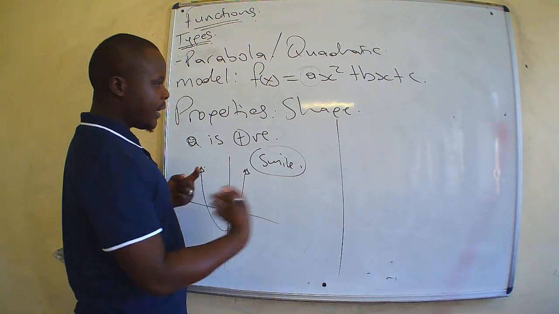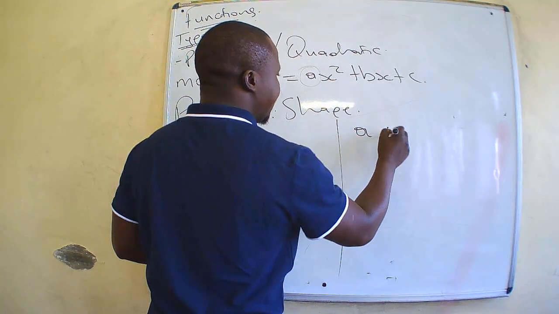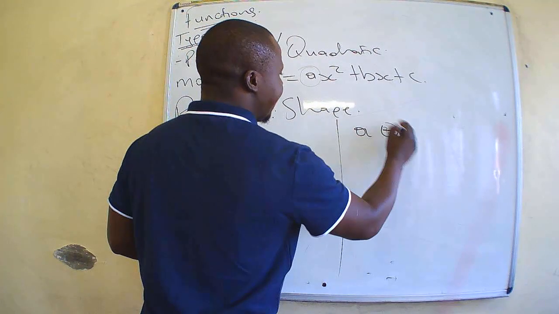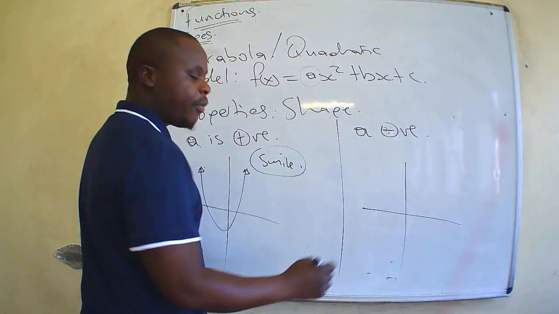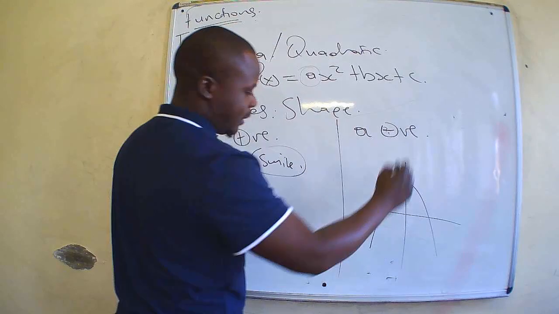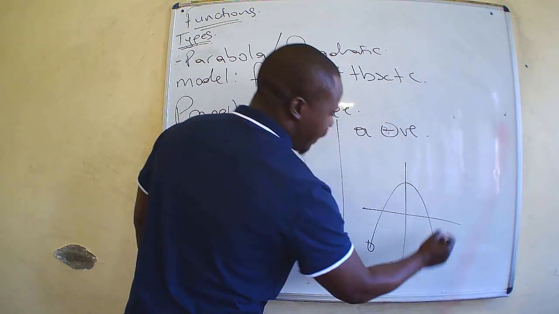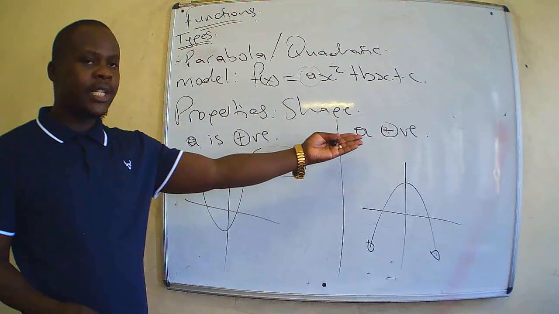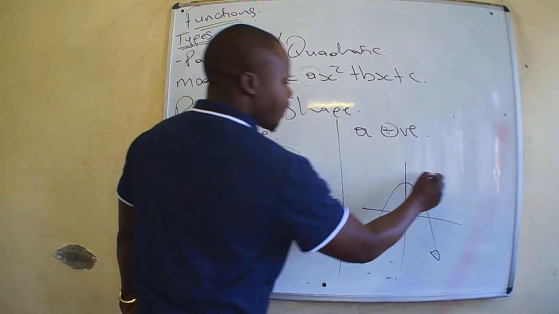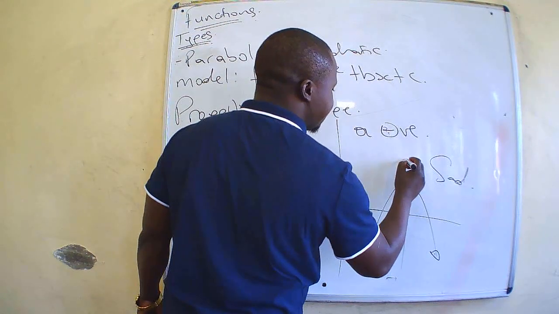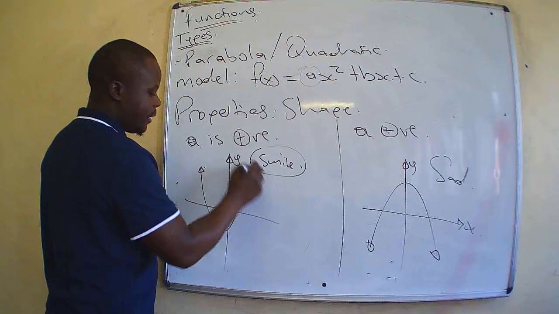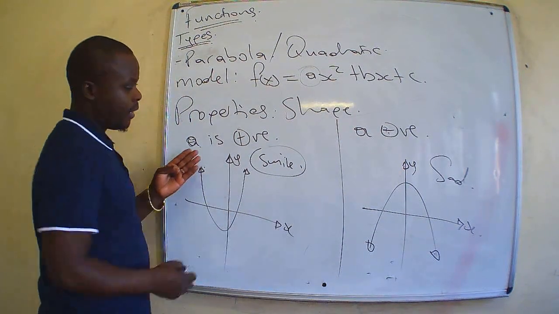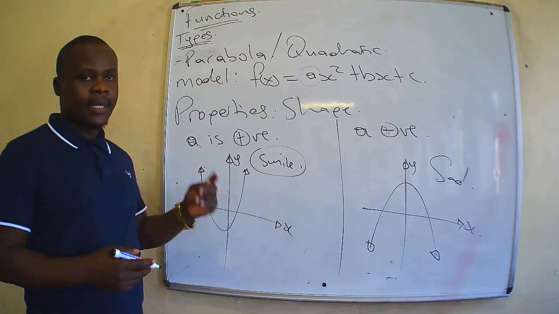But on the other side, if we have the same a being negative, we are saying the graph is going to be a sad face, which will look like this. So when a is negative, your graph is a sad face in this way. But if a is positive, then your graph will look exactly like this.